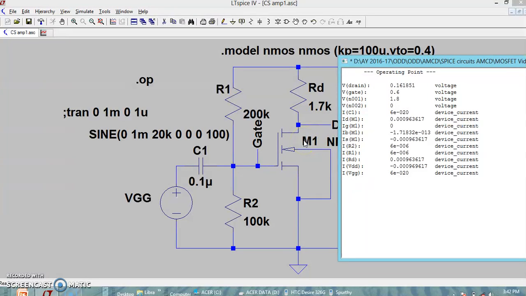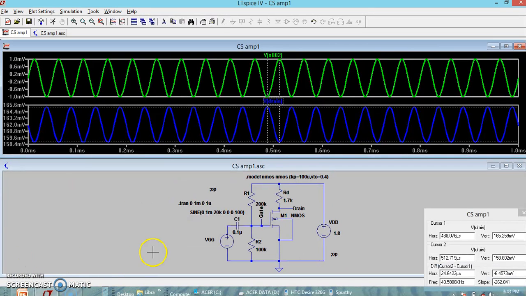Now let us verify whether at this point we get the proper amplification or not. With RD as 1.7 kilo ohms, the MOSFET is operating in linear region. With RD as 1.7K, we are supposed to get a gain of 17.